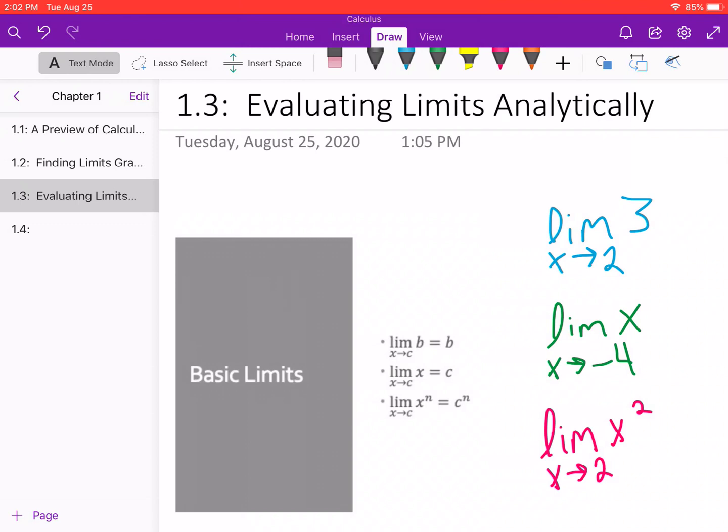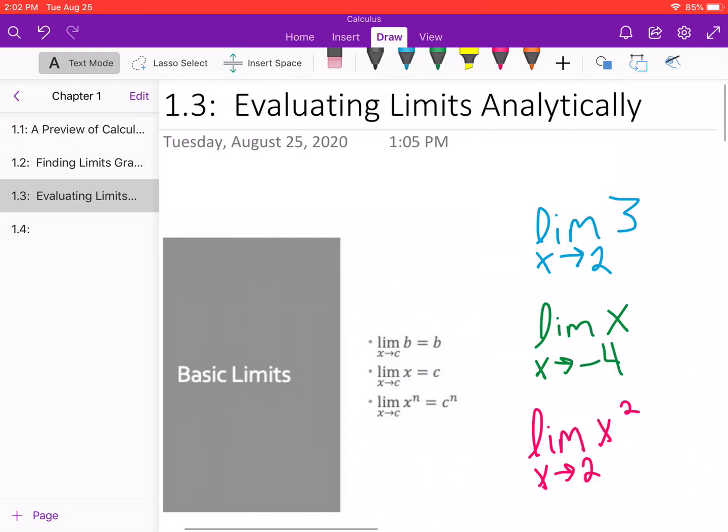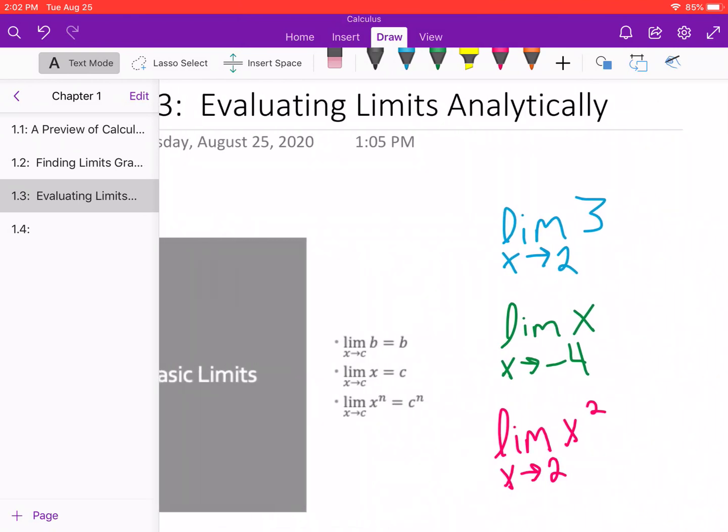So the first one, the limit as x approaches c of b equals b, basically saying that the limit, no matter what you're approaching, of a constant is that constant. So over here we have this example, limit as x approaches 2 of 3. Well, it's a constant function, so that's just 3.